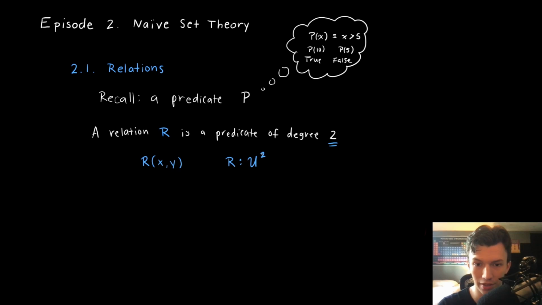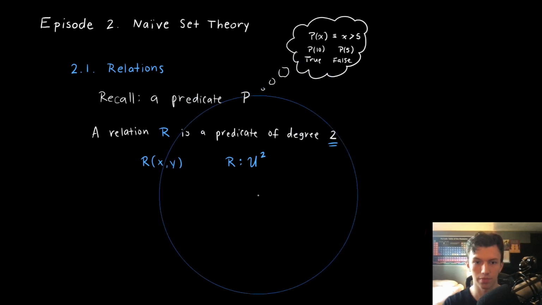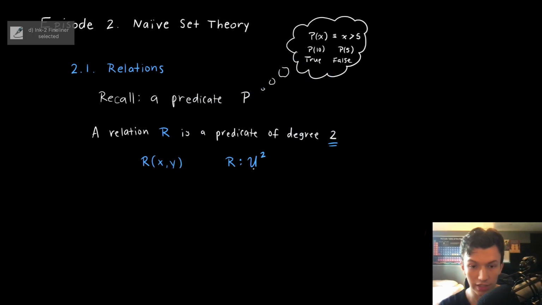If you don't want to use these numbers yet, because next episode we're going to define what the numbers 1, 2, 3, 4, 5, the integers, mean, you could instead use some kind of meta-mathematical notation, like two tally marks. But I'm just going to keep it like this. So it takes 2 inputs. Okay, so that is a relation.